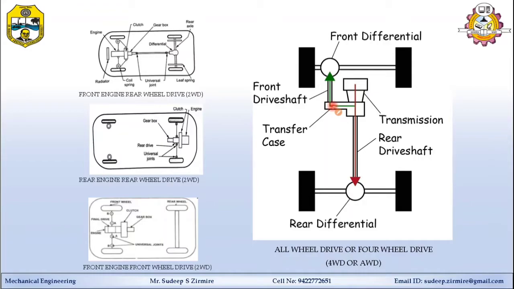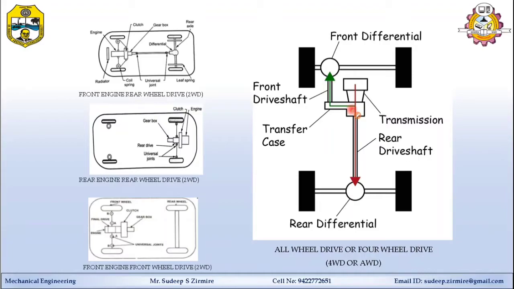So the driver can put the transfer case into either two-wheel drive or four-wheel drive. There is an arrangement in the driver's cabin to use this vehicle as a two-wheel drive or four-wheel drive, and this sometimes uses a manual shifter type arrangement, or in some vehicles it may be electronically operated by using a switch.